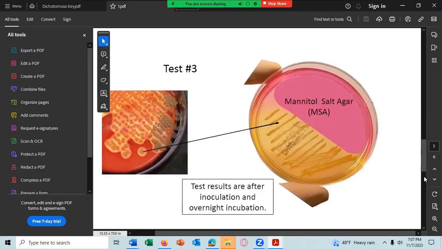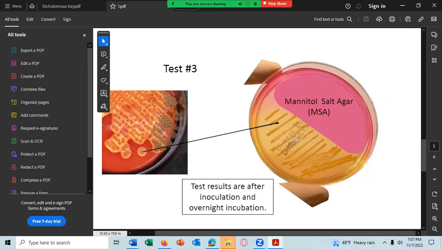And then they do another test, and they took this bacteria and they grew it on mannitol salt agar. For this one, you may need to look in the unknown project, because I don't think this lab talks about mannitol salt agar. I'm not sure another lab has, although I've talked about it either in the lecture or the lab.